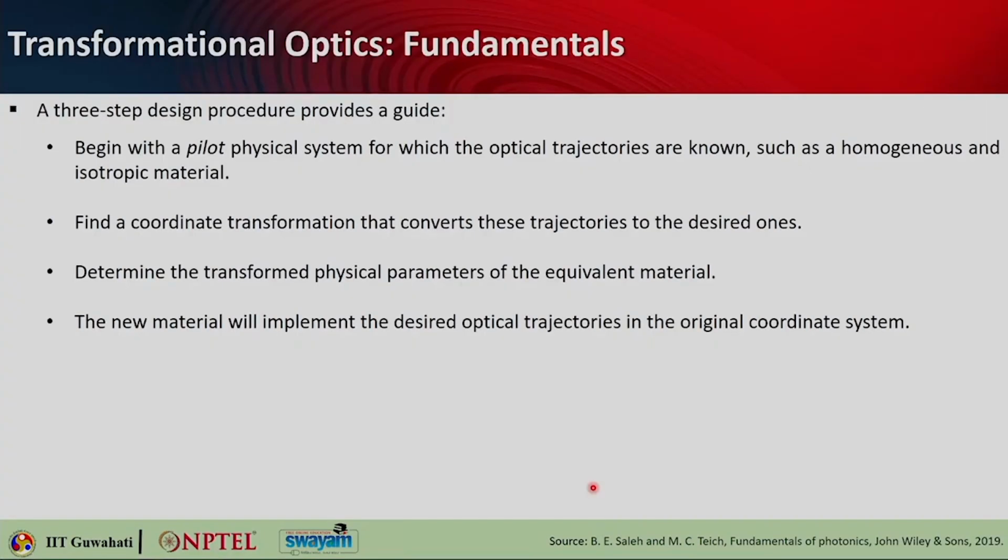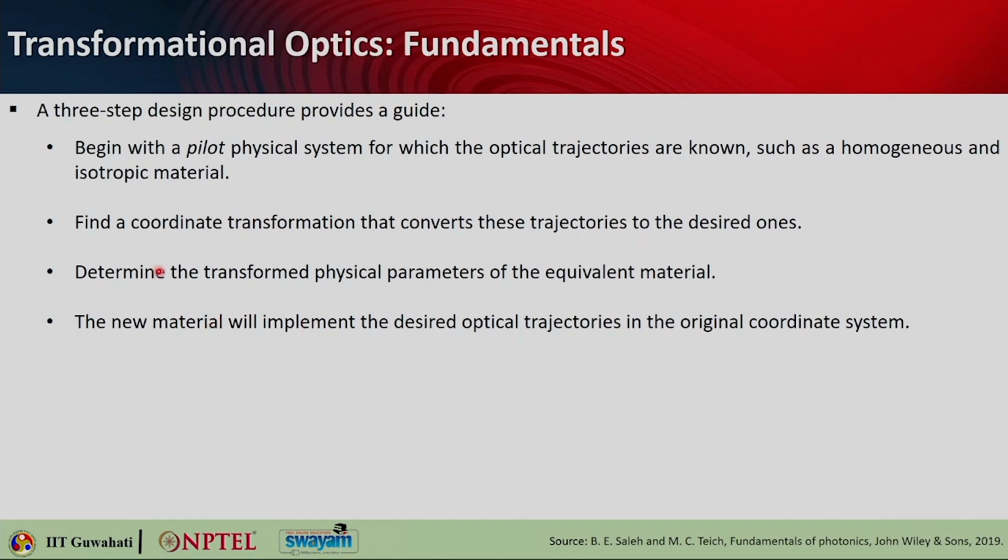Now, transformational optics, let us see how you do the design. There is a 3-step design procedure which will provide the guidance. You first begin with a pilot physical system for which the optical trajectories are known, such as a homogeneous and isotropic material, and then you find a coordinate transformation that converts these trajectories to the desired ones.